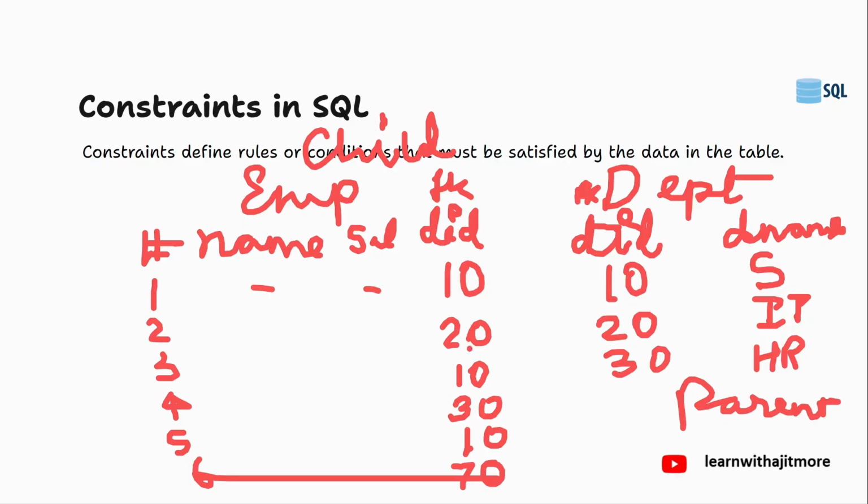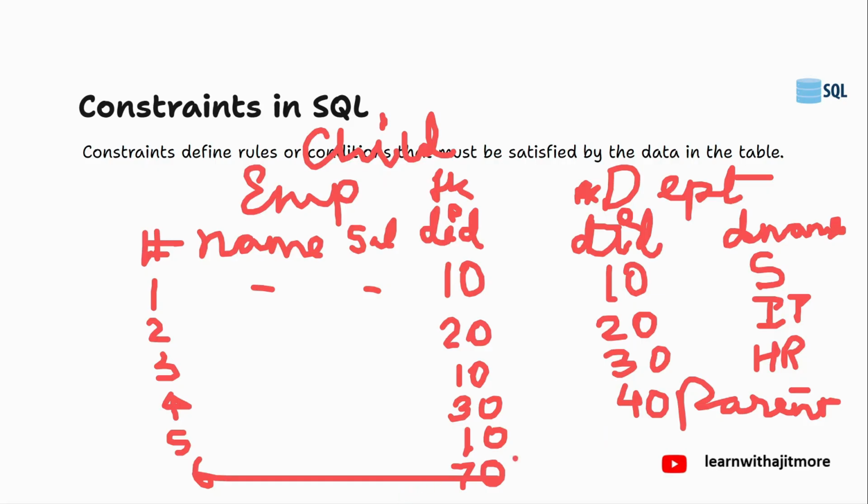Does the employee exist because the department is existing? Yes. Vice versa is not necessary. See, there can be a newly created department, but no recruitment yet done for it.